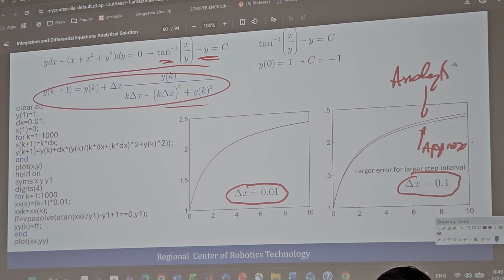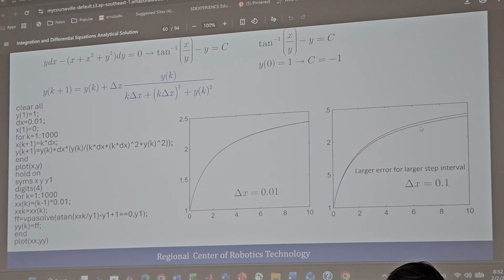How do I know? The blue one will be the first one you draw. The red one will be the second one. You plot this one first, using this approximation, and the red one is the second one, solved by using this one. And plot this one. Okay, you have this solution.